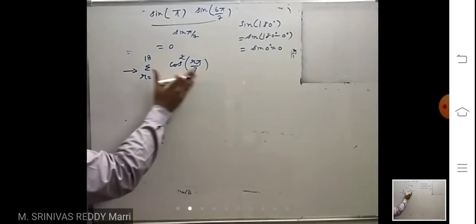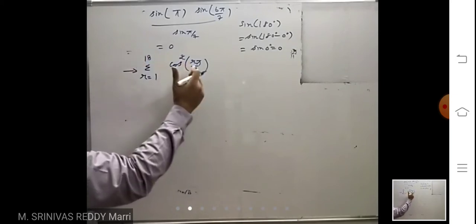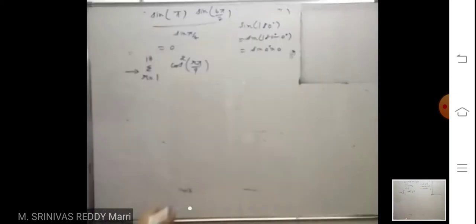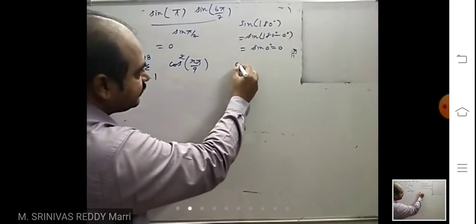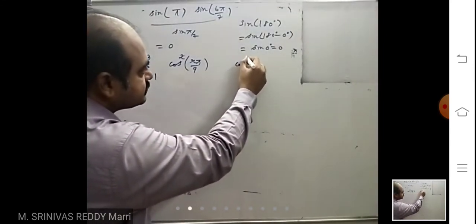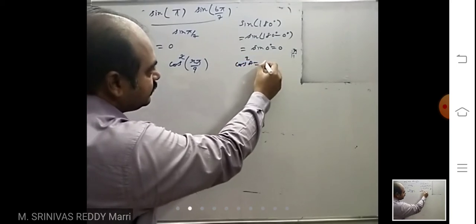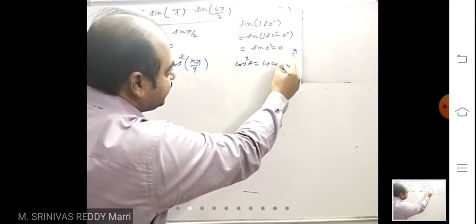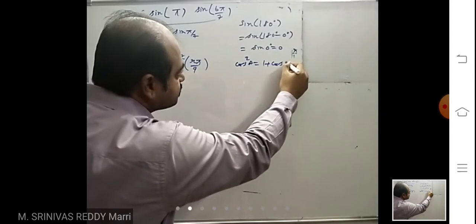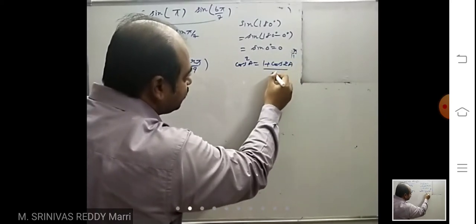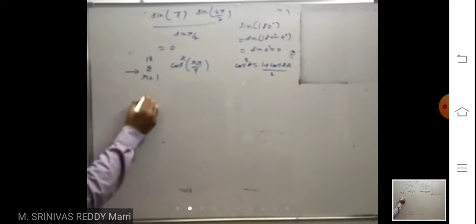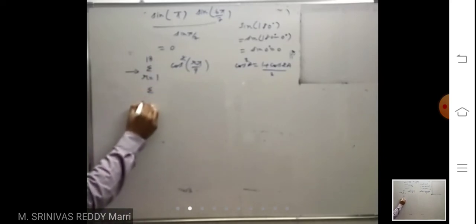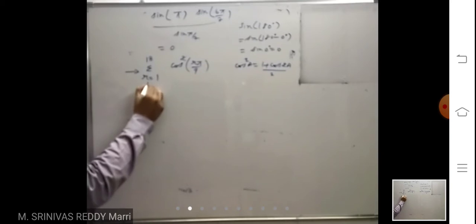Right? Now sigma means r equals 1, r equals 2, r equals 3, and so on. First, before expanding, what I will do is eliminate that square. I told you the formula for how to eliminate it: cos square a is nothing but (1 plus cos 2a) by 2.